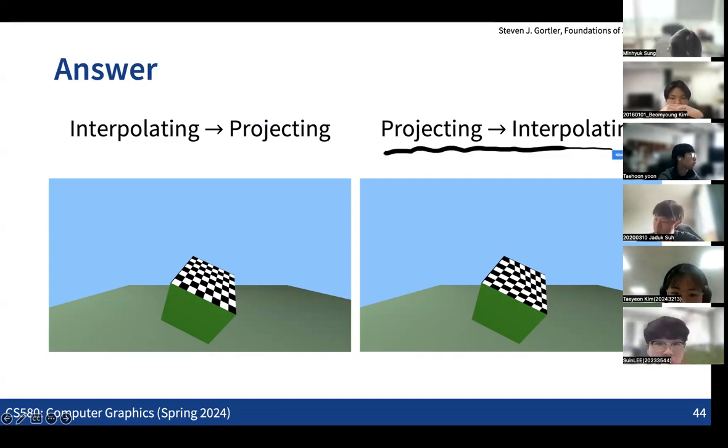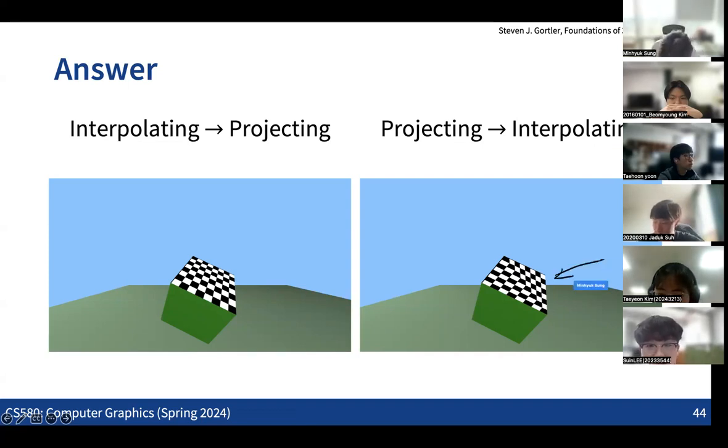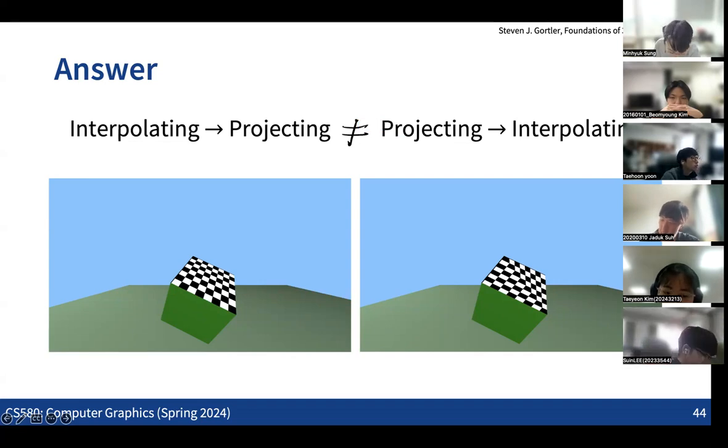But the thing is that if you project first and then interpolate in the 2D space, then this is what we're going to get. We see there's some kind of distortion in the output, in the rendered images. This is because these two are not exactly the same. If you project first and then interpolate, this is not the same as interpolating first and then projecting.